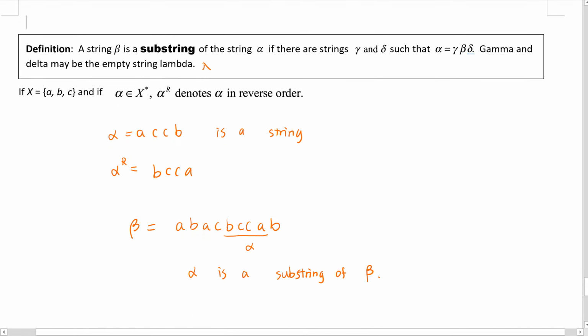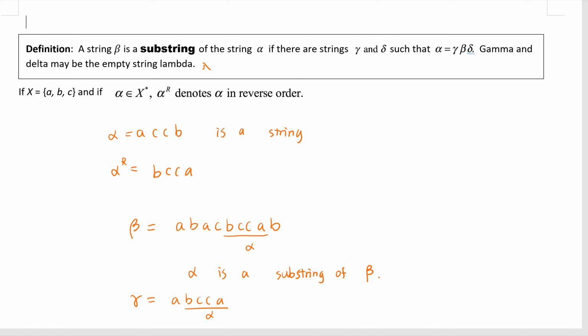We can also have, let's say, gamma is ABCCA. In this case, you can see the alpha in there. Then we can also say alpha is a substring of gamma.